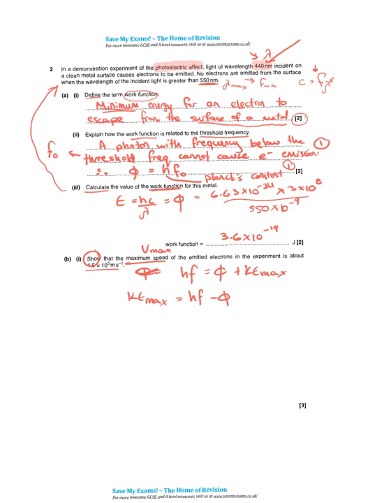In this case, it's hc over lambda minus phi. You can do the calculation straight away, so you can put the numbers in and get whatever value you get there. 440 times 10 to the minus 9. Remember always to convert your unit prefixes, it's very important.